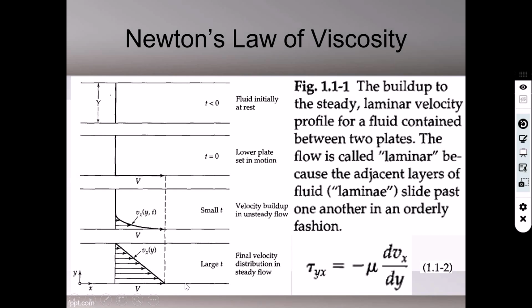So this shear stress multiplied by the surface area is the force used to make the fluid flow. All right?